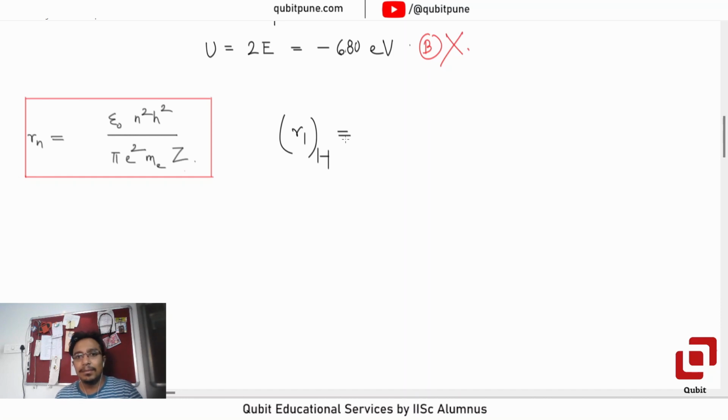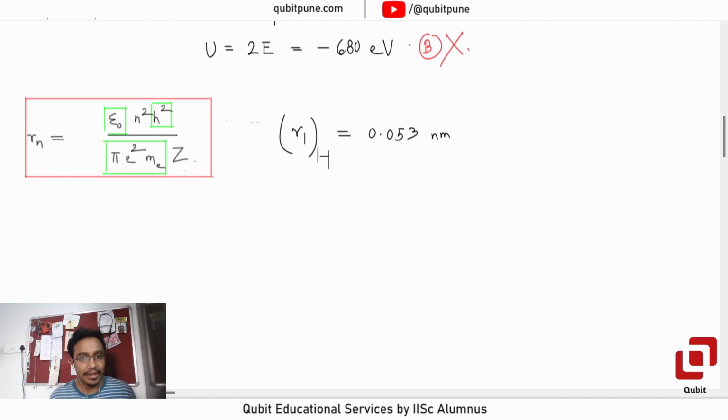R1H, that is 0.053 nanometers. Correct? Now if you know that, it will save your time in calculating all this stuff. Which stuff? Epsilon naught into h squared upon pi e squared me. That is actually 0.053.